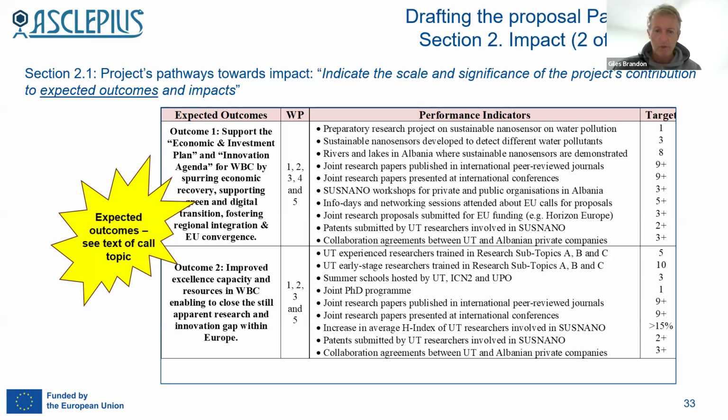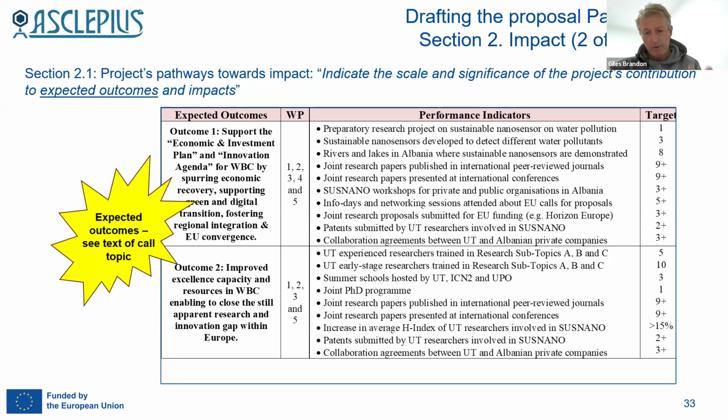Because it's a capacity building project, I not only talked about indicators, sort of scientific ones, but I also talked about indicators for research papers. In fact, if you look at this list of indicators, you'll probably recognize, certainly those of you perhaps who have seen the grant agreement for ASCLEPIUS, there's certain ones I tend to use for these types of twinning proposals.